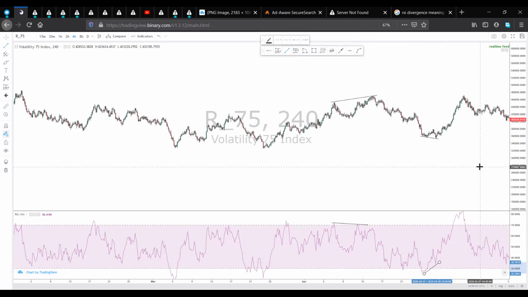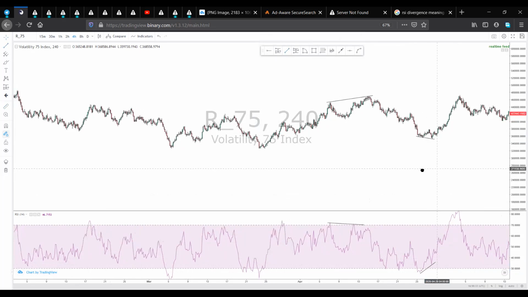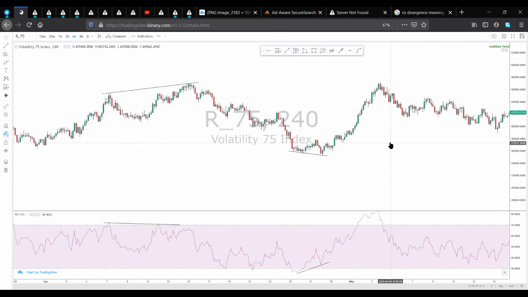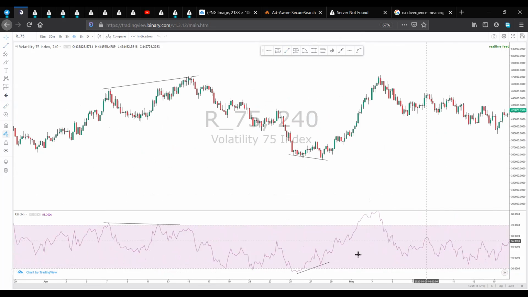There are so many, and most of the time, how I like to enter is I would like to see the market moving inside this and above 30. Then when the market goes up, I will wait for the pullback, a small pullback, then I will enter.